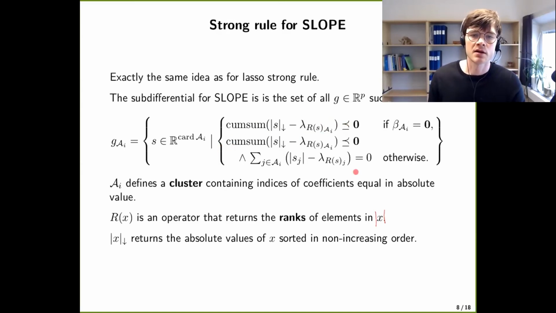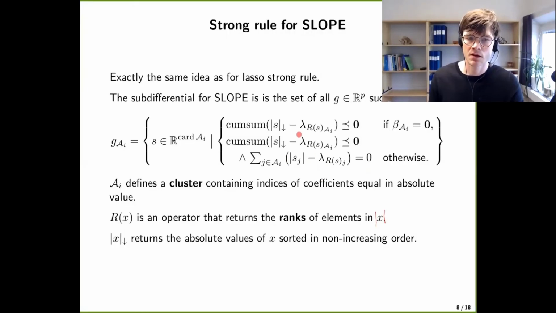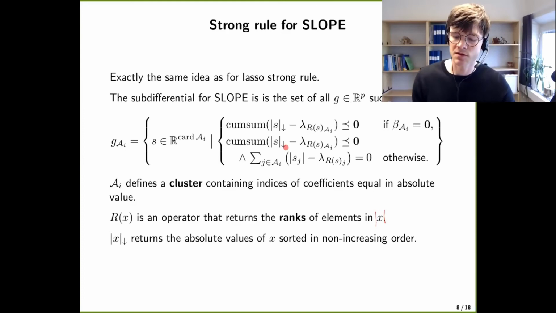And if a cluster of betas is not equal to 0, then we'll say again that this part has to hold once more. We're also saying that the last of the cumulative sums, that is the sum of all of these, of this expression, must be 0. So it's not vital that you understand exactly how this works for the rest of the talk. But I've put my slides up again if you want to move back to this.